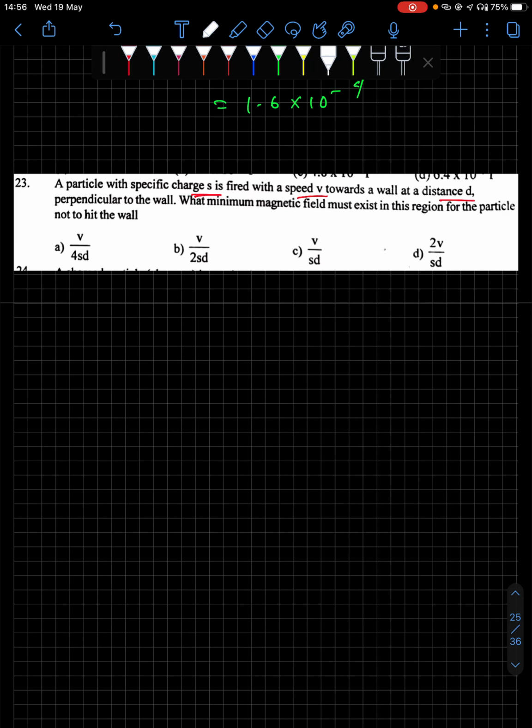Okay, so you consider that this is the wall. Now the magnetic field is entering perpendicularly inside the page. The charge particle is coming from this side, say. Since it is a positive charge particle, it will bend in this manner.